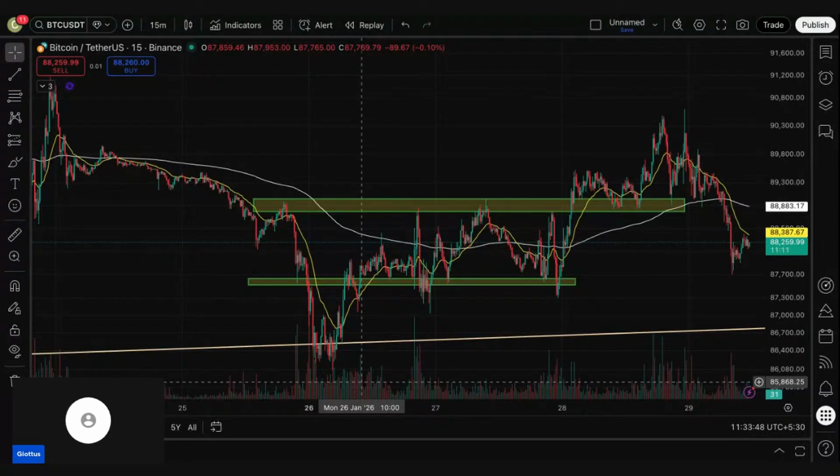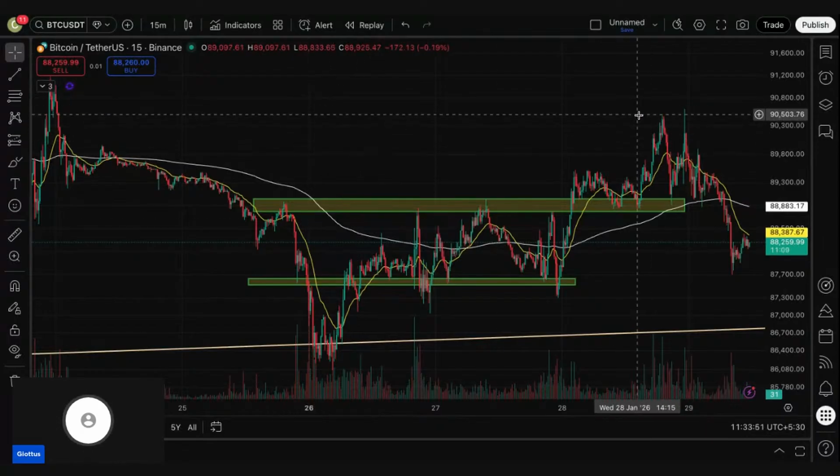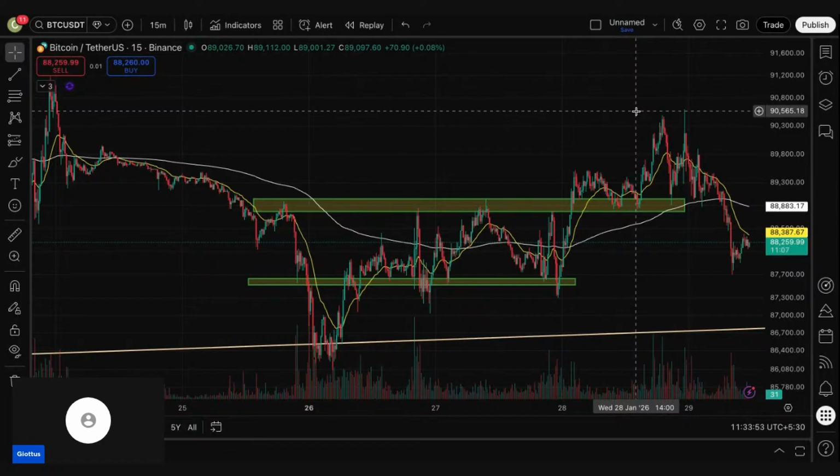Bitcoin made a high of almost 90,600 yesterday, right?